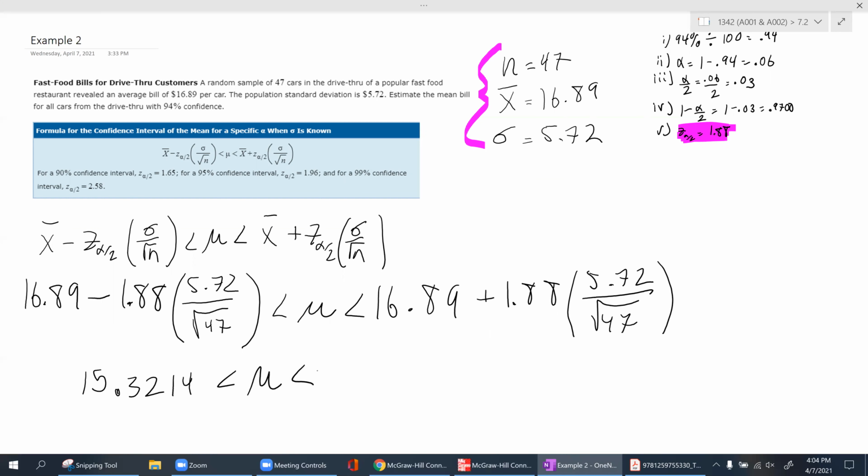All right, and I'm going to do the same thing, but I'm adding now. So this here, with 4 decimal places, is 18.4586.